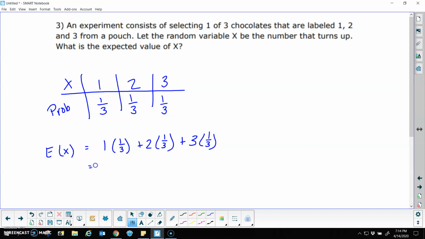I don't have a calculator and these are repeating decimals, so let's see: 1/3 plus 2/3 plus 3/3. Remember, when you add fractions, don't add the denominators, so that's 6/3. So my expected value is 2. I hope this has helped.